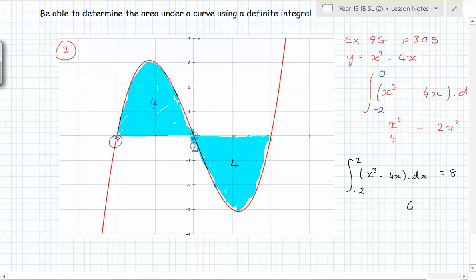Okay, so your GDC's answer will give you 0. Any ideas why? Well, I'd tell you what to do. Do it in 2 parts and tell me what you find. So do -2 to 0, 0 to 2, what do you find out? Your calculator actually treats this as a negative value.